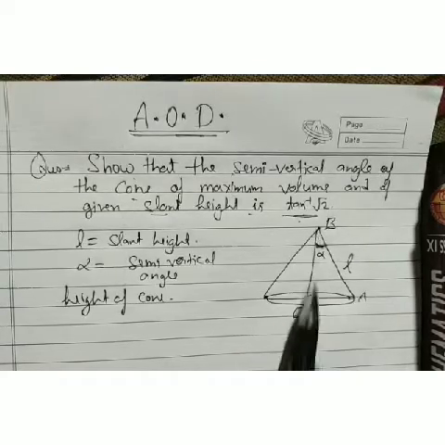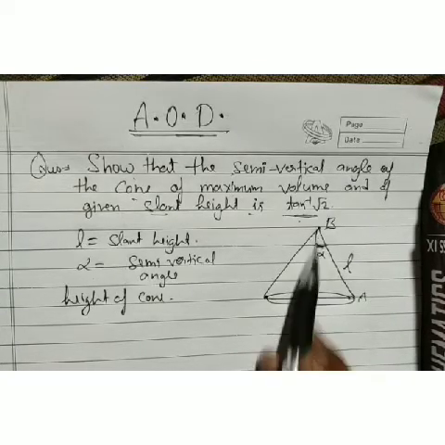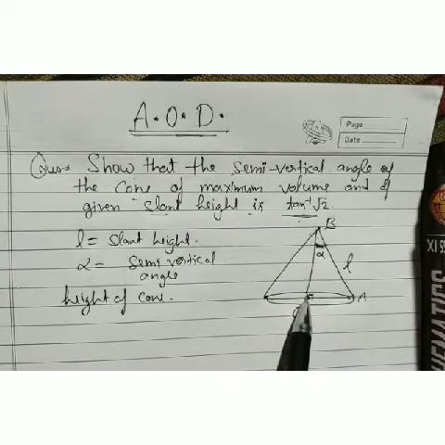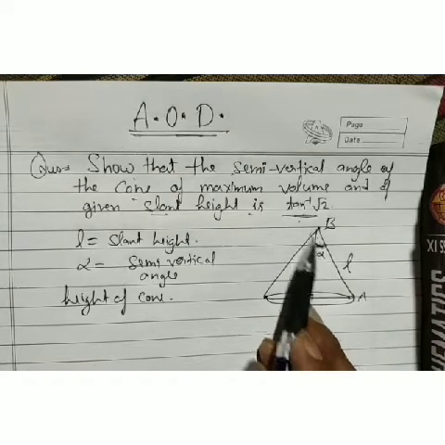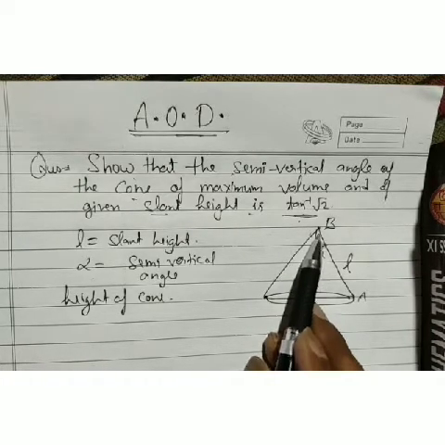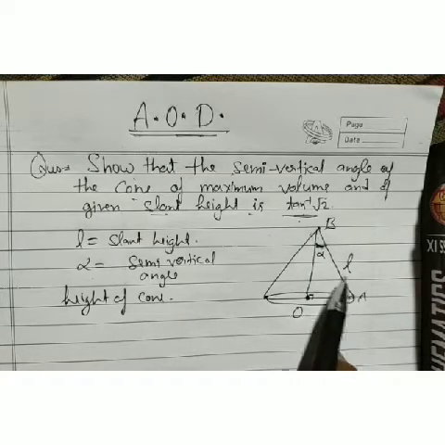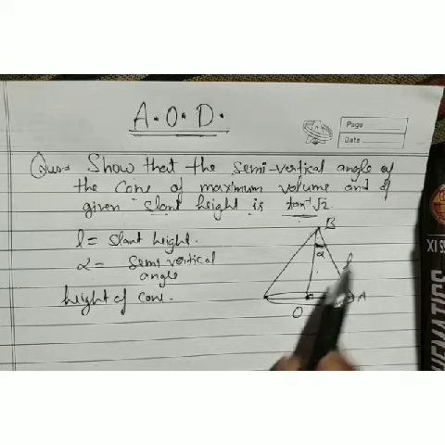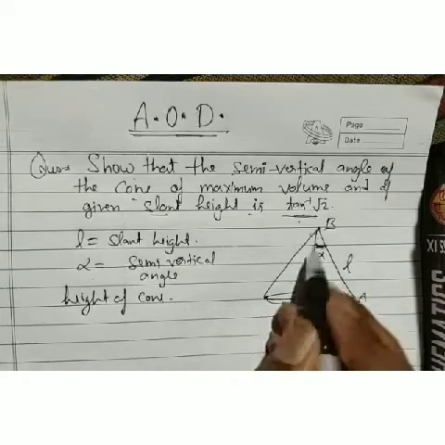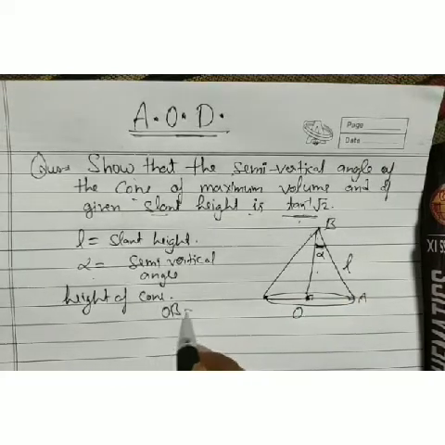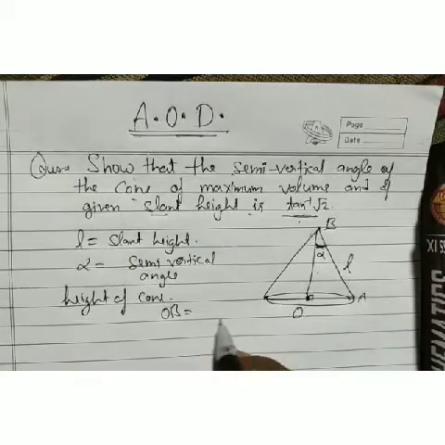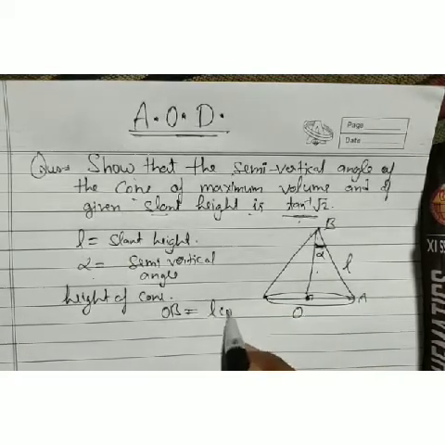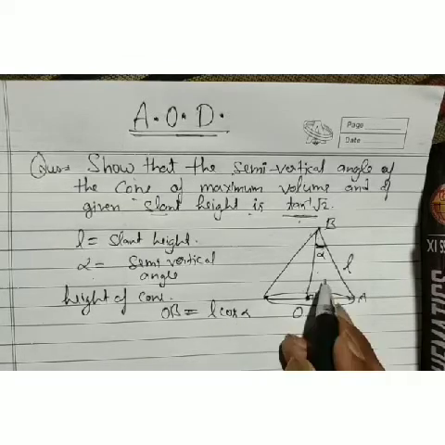In right angle triangle BOA, we find OB. With respect to alpha, OB is the base and AB is the hypotenuse, and base to hypotenuse gives cos alpha. So the height of the cone OB equals L cos alpha using trigonometry.